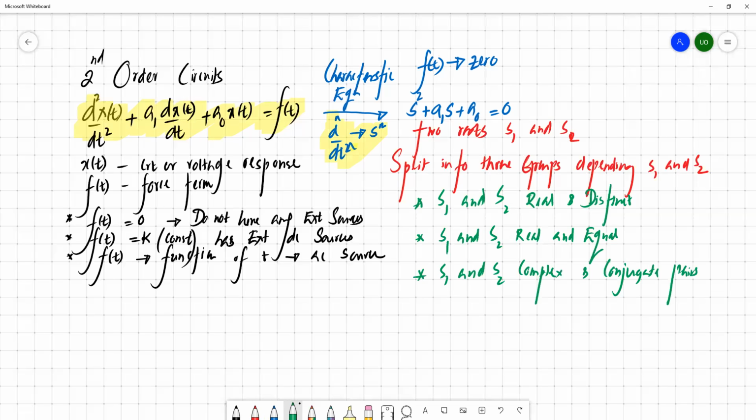So depending on the quadratic equation, everything depends on this delta. For the first case, delta is greater than 0. For the second case, delta equals 0.